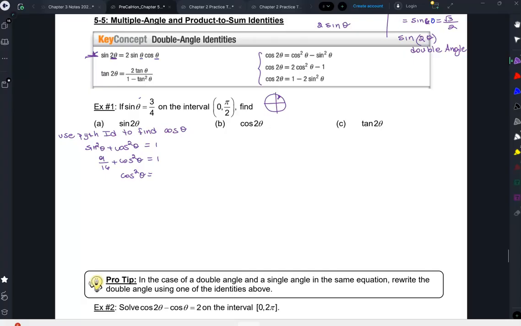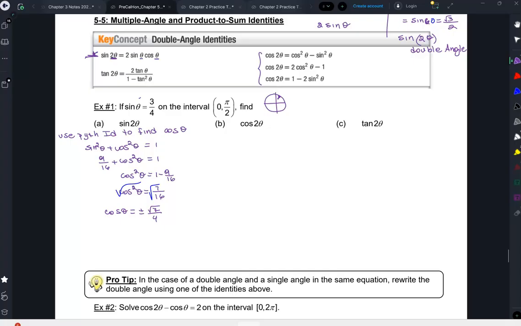Cosine squared theta is 1 minus 9 over 16, which is 7 over 16. When I take the square root of both sides, cosine theta is plus or minus root 7 over 4.